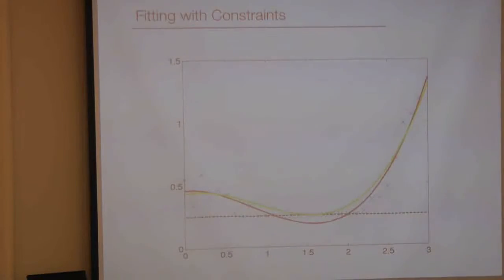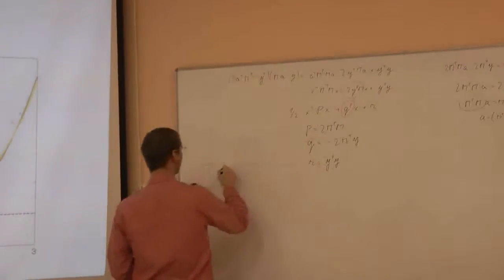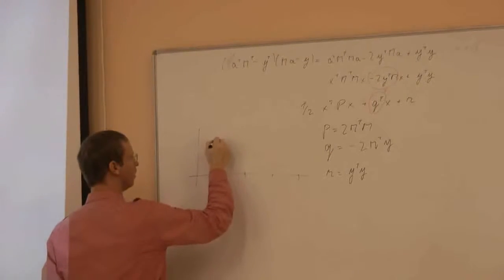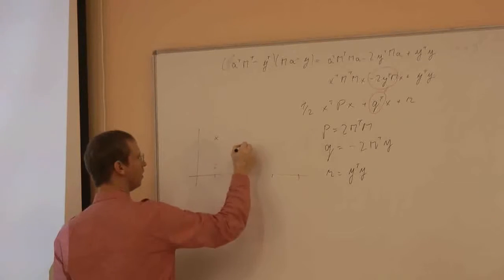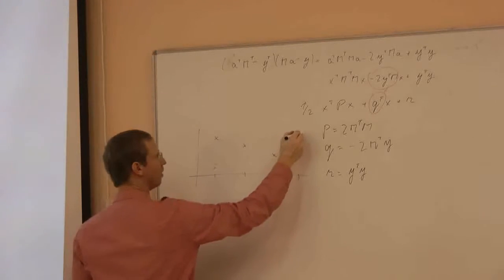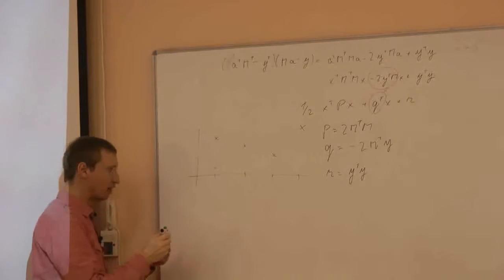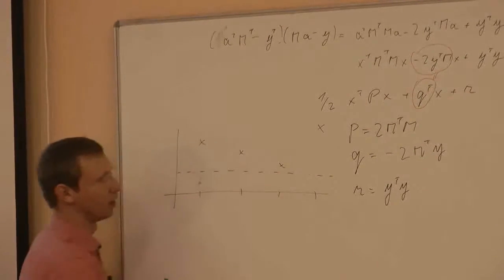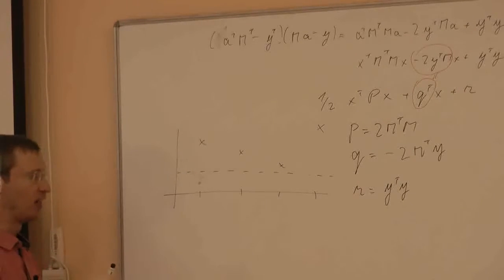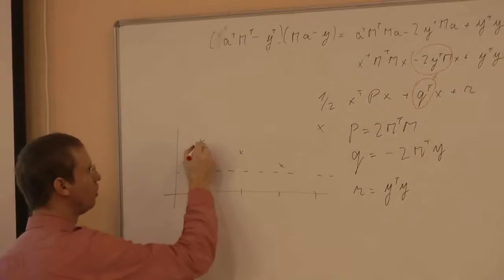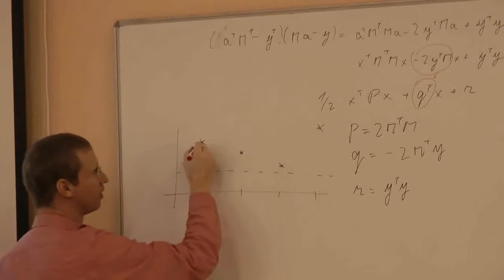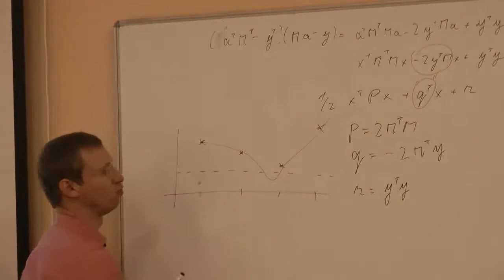What I mean by that is that we could have a situation like this, say these are the samples, and let's say that this is the boundary that we want to be respected. What we can only have is that we respect the boundary at these points of the fit, but in between the fit can do something like this.